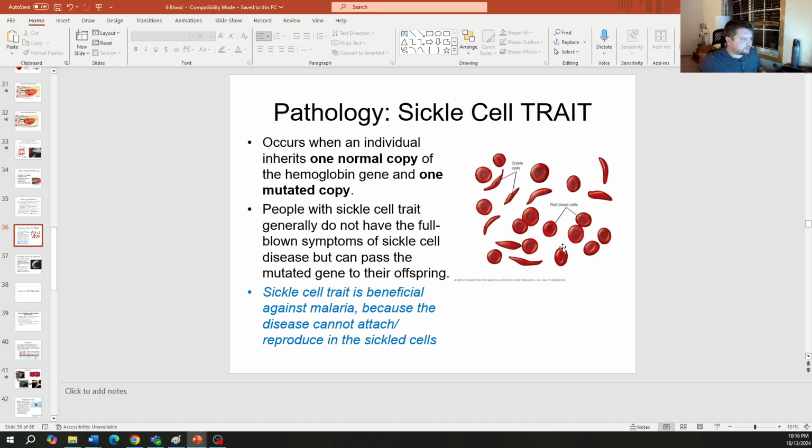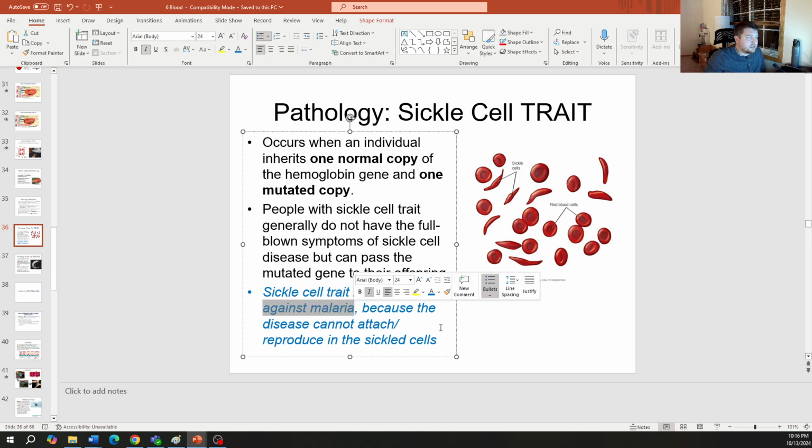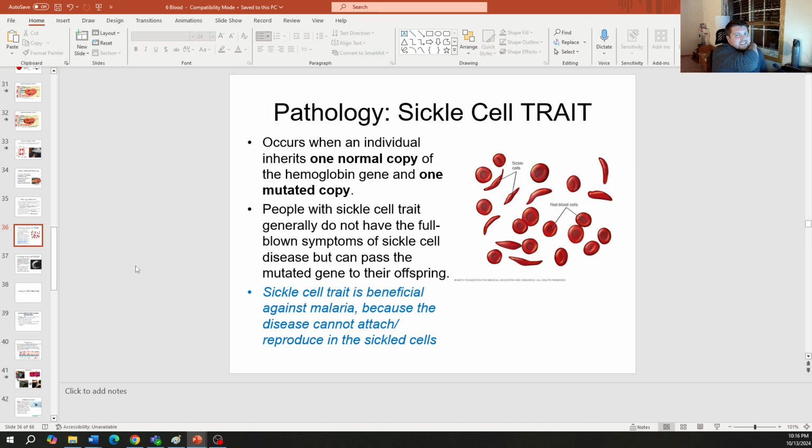So sickle cell trait also is not all bad. It actually is beneficial against the disease malaria, because the disease isn't actually able to attach to the sickled cells in order to reproduce, and it offers partial immunity to malaria.